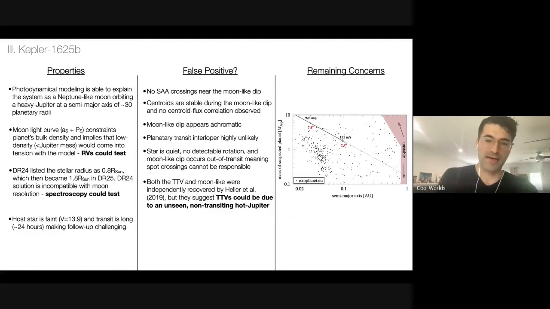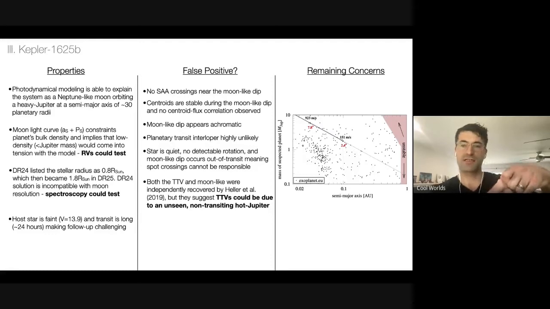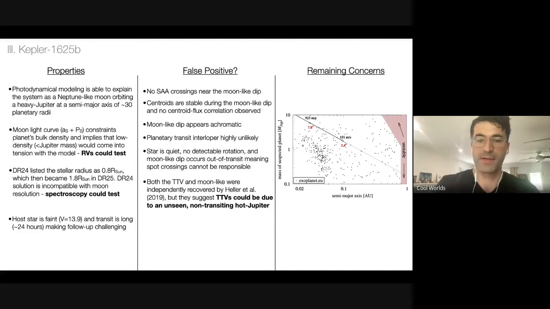Another author, René Heller, who I mentioned earlier, actually has an alternative suggestion for what could be causing this. He said, well, maybe the TTVs are being caused by an unseen, non-transiting hot Jupiter in the system. That could possibly do it. If the hot Jupiter is really close to the star, but it's tilted over so it doesn't transit, then it will wobble the star back and forth, and that could be the TTV that we're picking up.